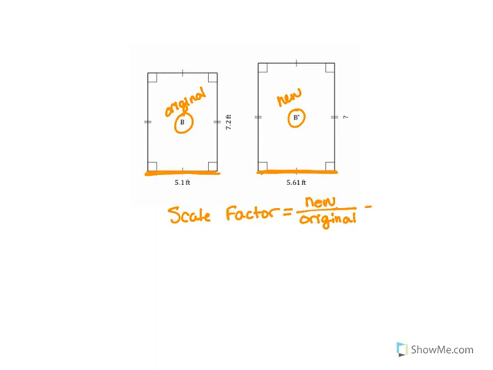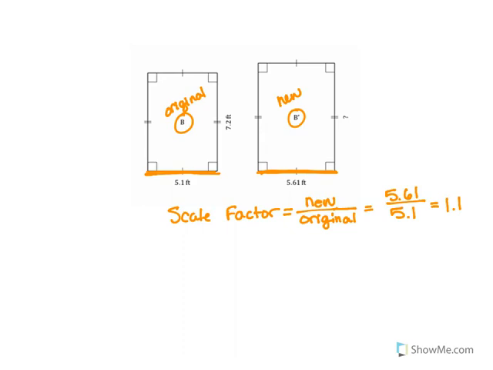So when we do new over original, we're going to do 5.61 divided by 5.1, because that's our new over original. Now you just put that in your calculator. 5.61 divided by 5.1. And it is 1.1. So it's not that much bigger, actually. That means that's 1.1 times bigger. That's not that much of a difference.